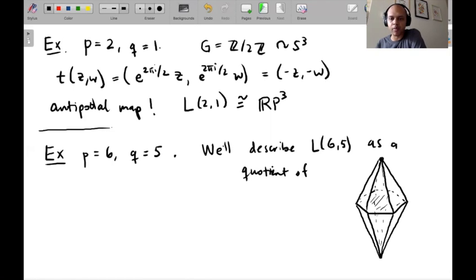And right, so the statement is, we'll describe L65 as a quotient of this space. So it's some three-dimensional object obtained by gluing. We're going to be gluing faces of this polyhedron to get the lens space.